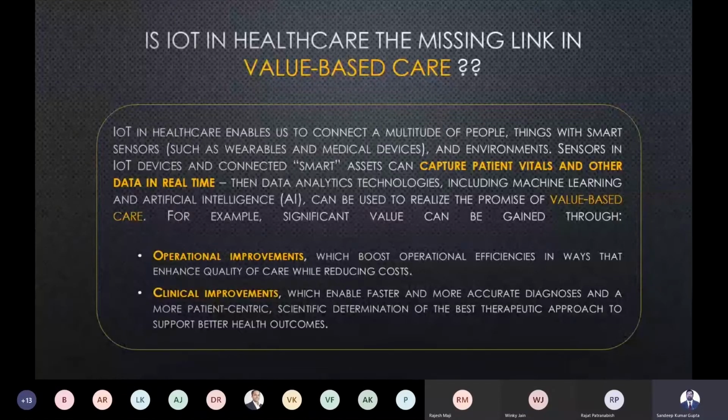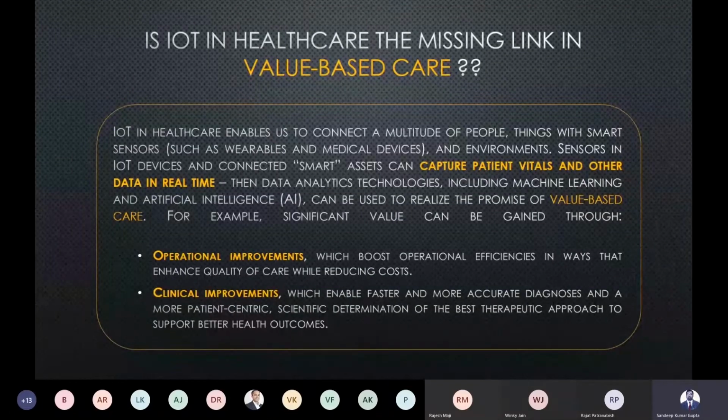I think you would have been exposed to these wearables, like watches, by now, which capture certain basic parameters like body temperature and maybe heartbeat, and environmental data like the weather. These sensors in IoT devices connect various devices and develop some sort of smart healthcare system, right? To capture patients' vitals and other data in real time.